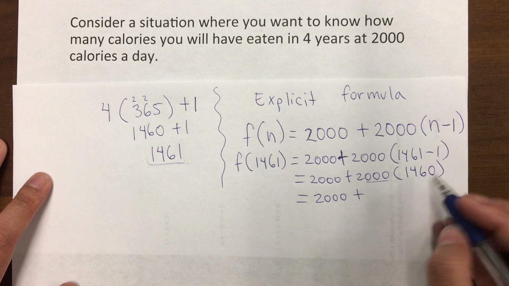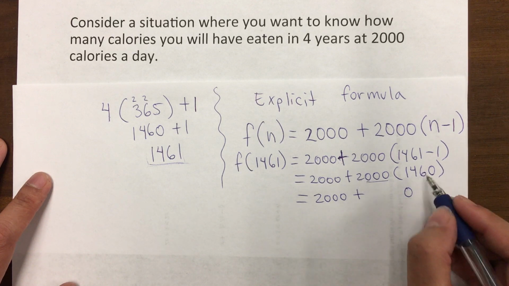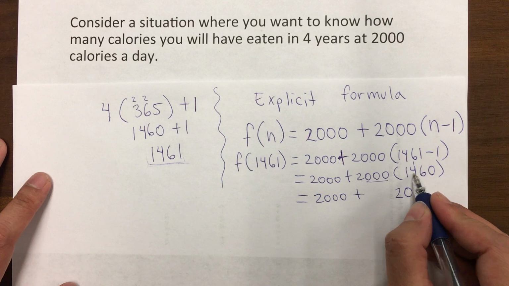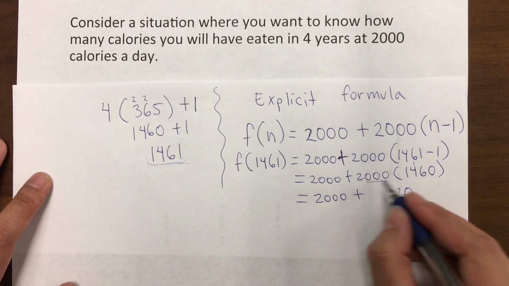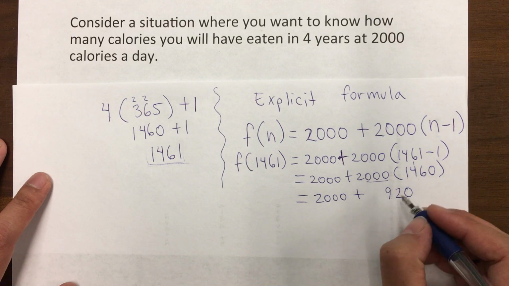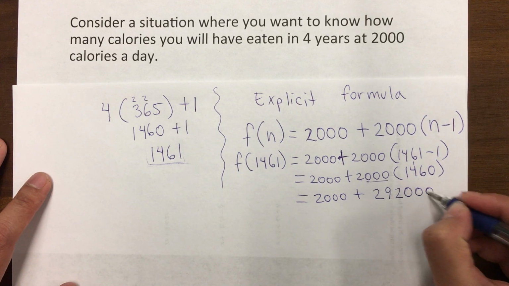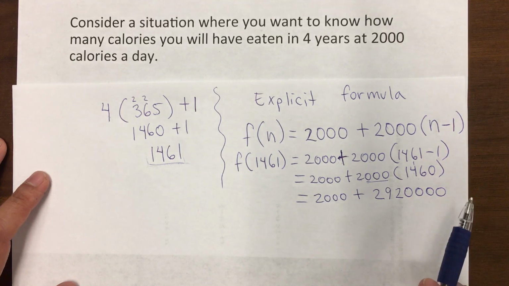So it's 2 times 0, 0. 2 times 6 is 12, carry 1. 2 times 4 is 8, and 1 is 9. 2 times 1 is 2. And now I just add the 3 zeros at the end.